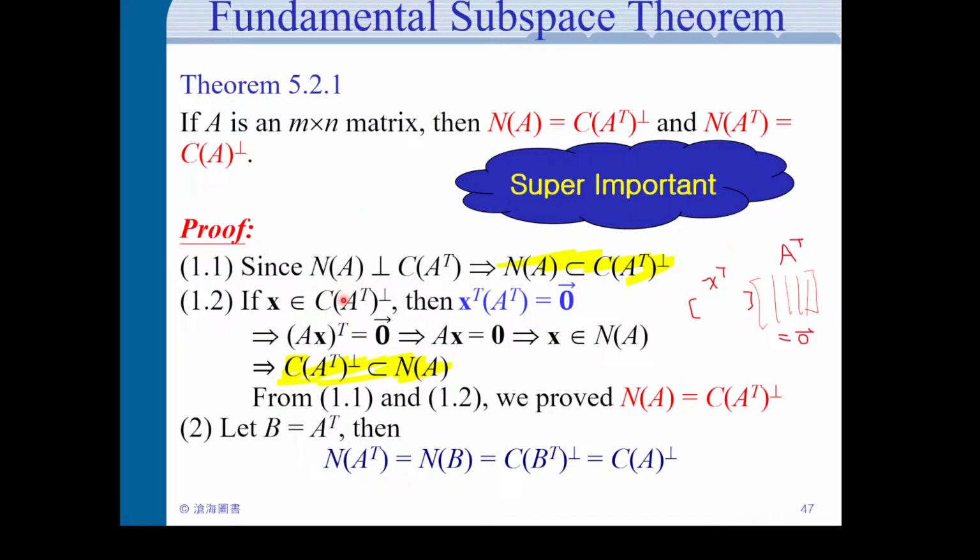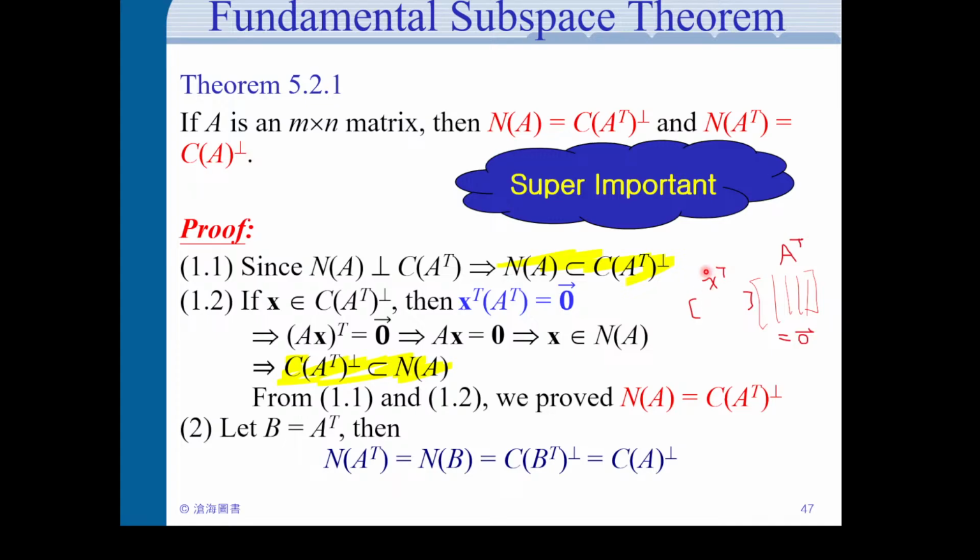So say x is in the orthogonal complement of the column space of A transpose. A transpose has those columns that are actually the rows of A. That means x transpose multiplied on A transpose must be the zero vector, because x is orthogonal to every column here.